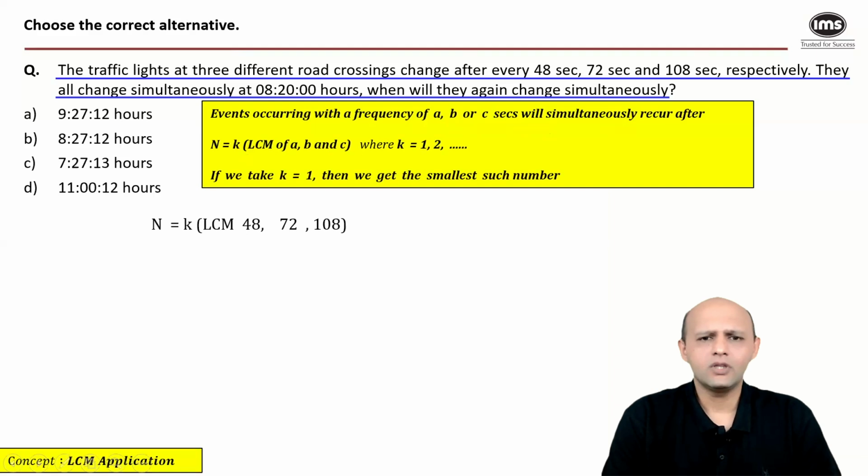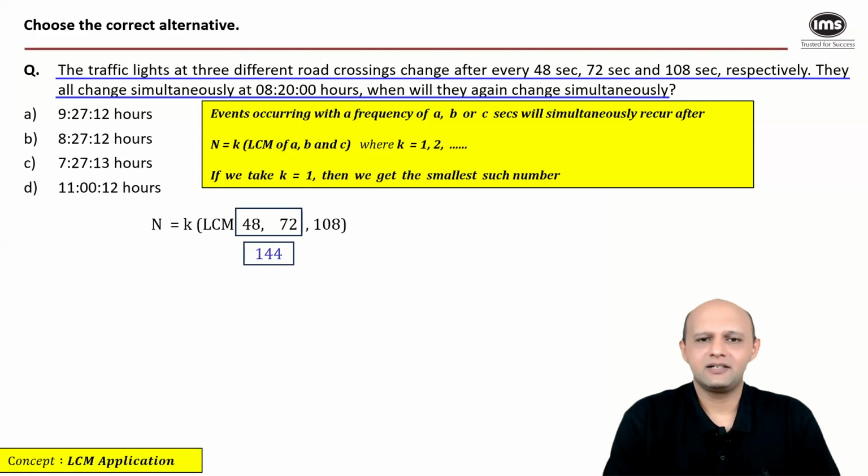So you could do it by prime factorization also. Or if you look at 48 and 72 as numbers, they are consecutive multiples of 24. One is 24 times 2, the other is 24 times 3. So the LCM has to be 24 times 6, which is 144.